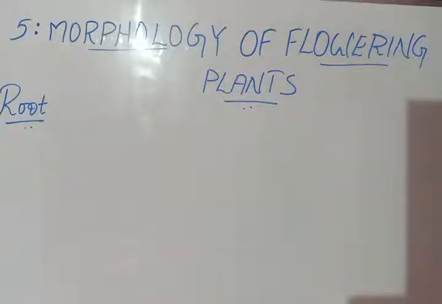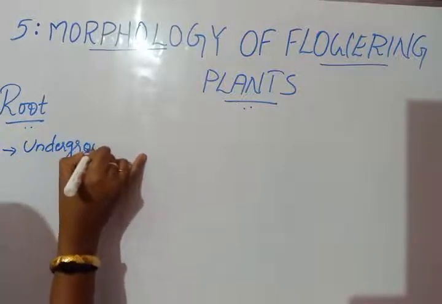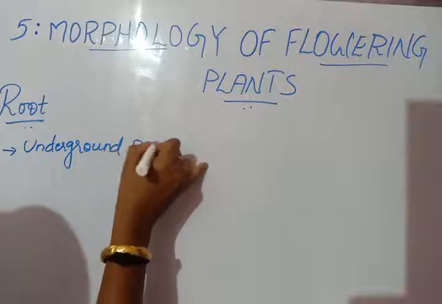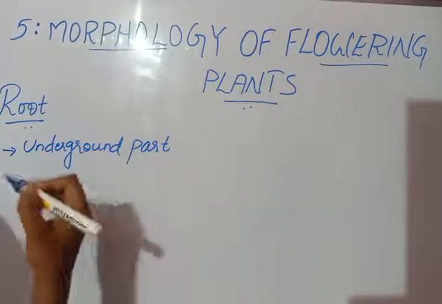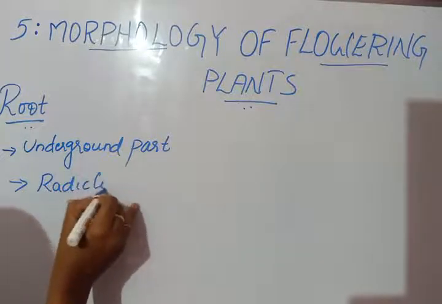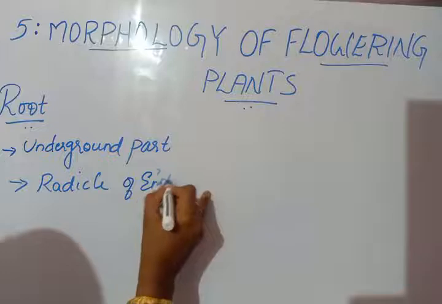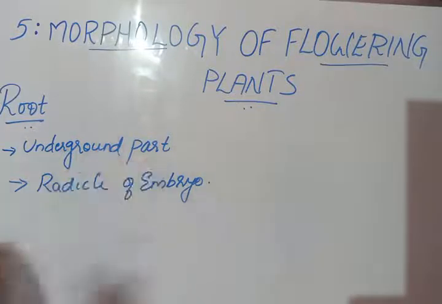The root is the underground part of the plant, and it originates from the radicle. It develops from the elongation of the radicle of the embryo.